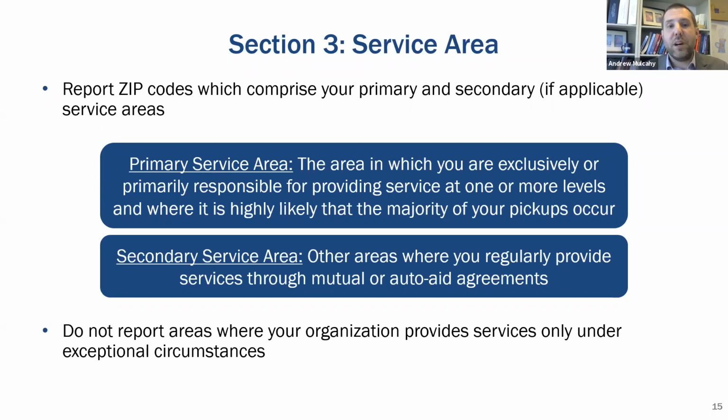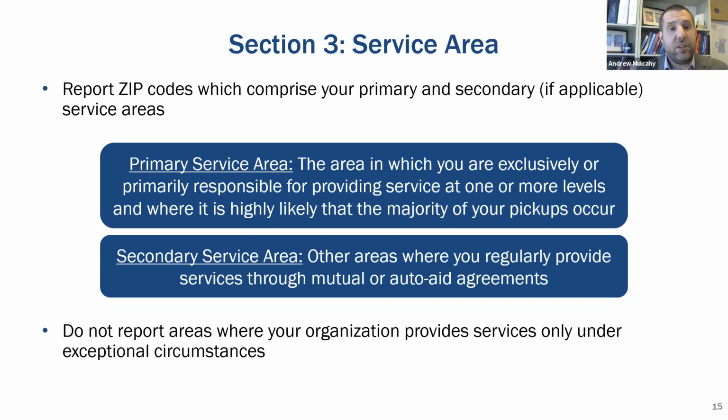CMS fields a lot of questions about, well, what are these 2 service areas that section 3 asks you about? One is your primary service area, and one is your secondary service area. And the way this is teed up in terms of the instructions and the examples and definitions in section 3, CMS heard that from many organizations, they think of themselves as being the primary EMS organization, say, for some area, municipal government, county, town, jurisdiction, some area where your organization may have primary responsibility and where most of your services are probably furnished.